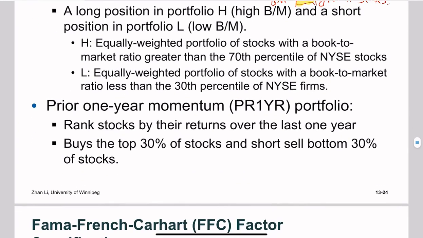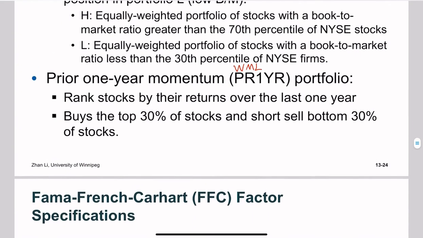And then the fourth factor portfolio is the prior 1 year momentum portfolio. It's actually also called WML. So it's the winner minus loser portfolio. Now, how do you do this? This is pretty simple. So again, you will rank all these stocks according to their past returns, right?